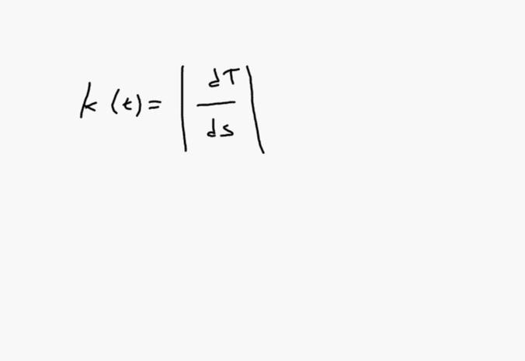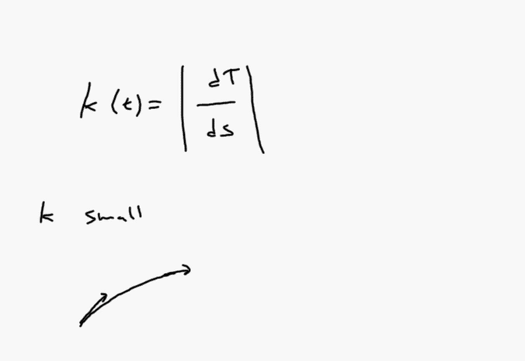If k is small, then what we're saying is we're seeing a small change in the tangent vector with respect to change in distance.